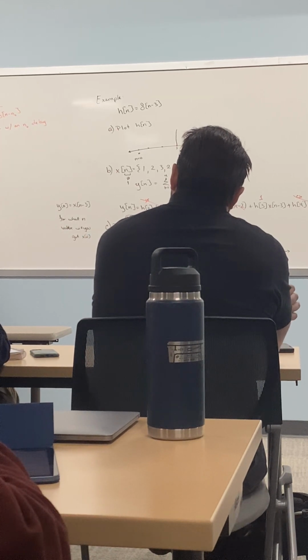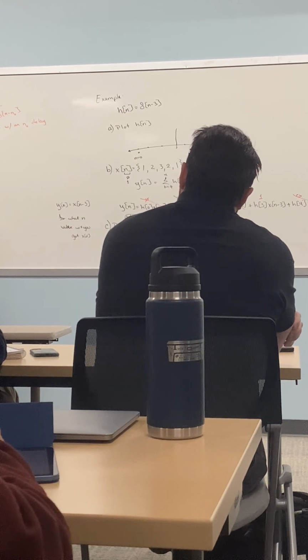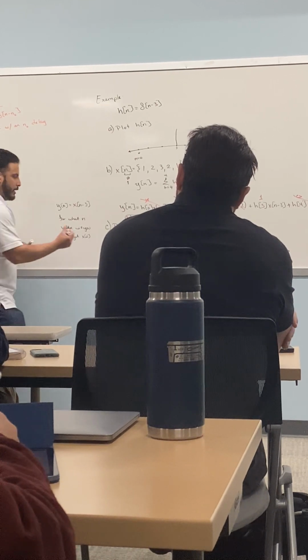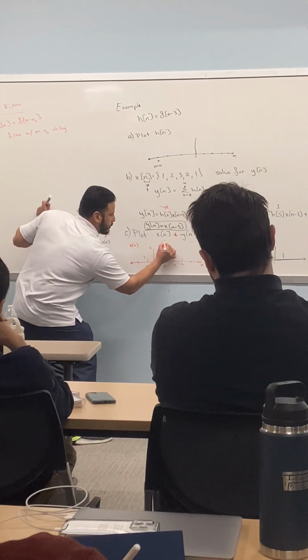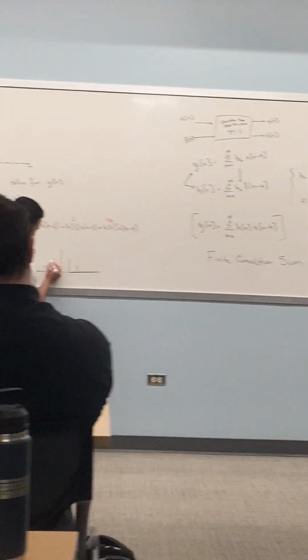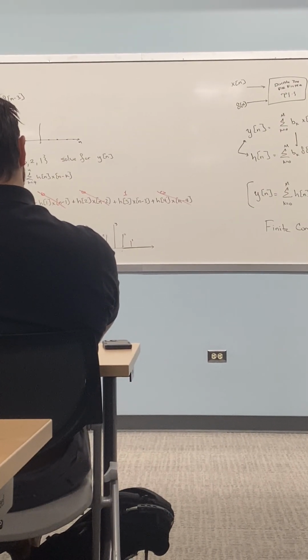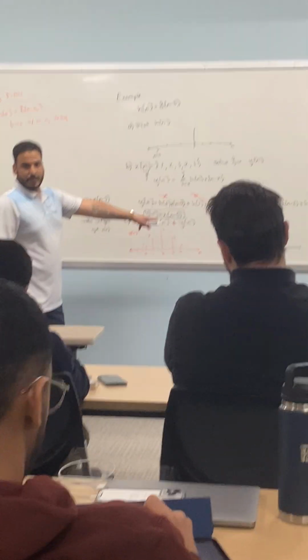This is your x of n. I just plotted it. This is 1, 2, 3, 2, 1. It's the exact same x of n, but shifted forward in time by 3 n's.